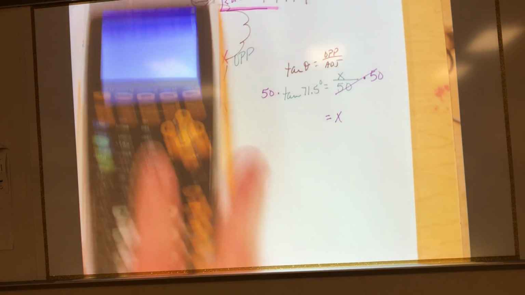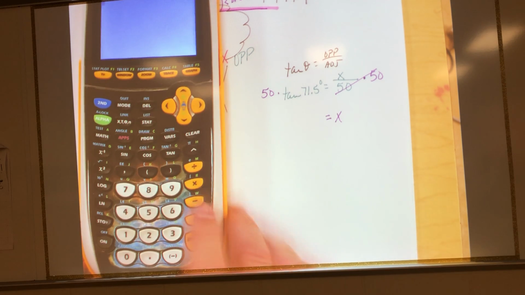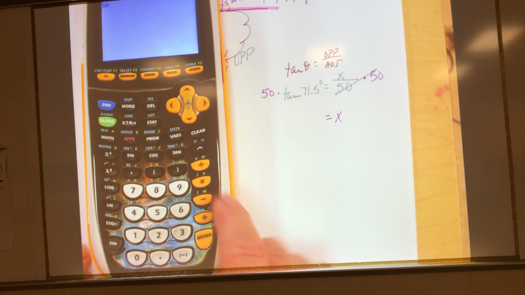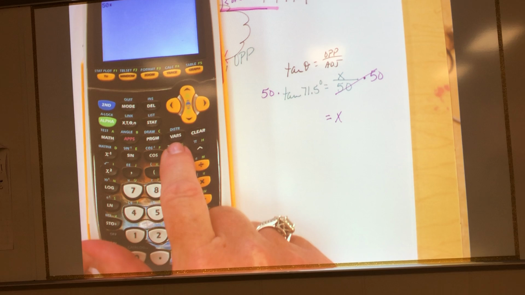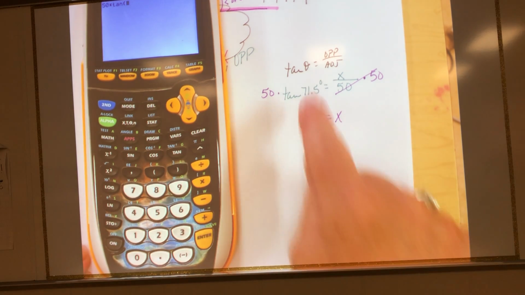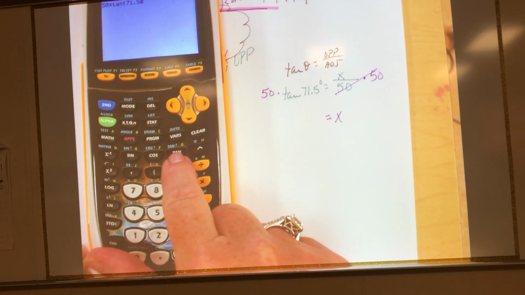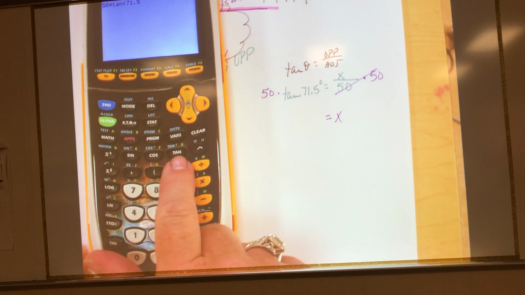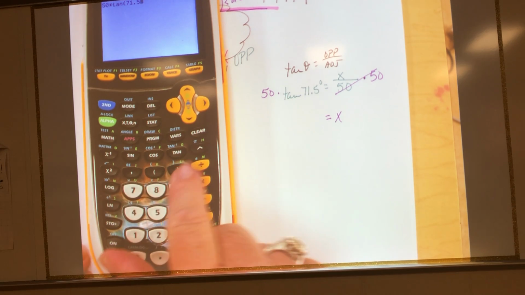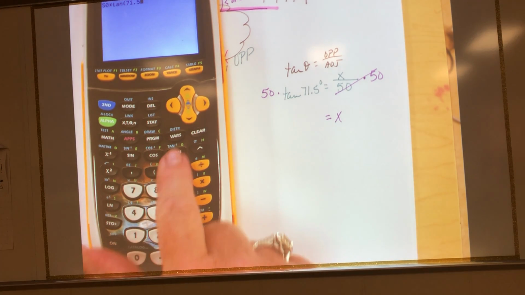All right, so we're gonna do this on our calculator. I'm just gonna say 50 times the tangent of 71.5. The tangent button is right there. There are 2 rows above the top numbers. It goes sine, cosine, tangent.